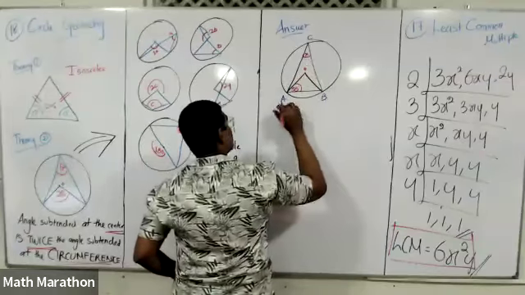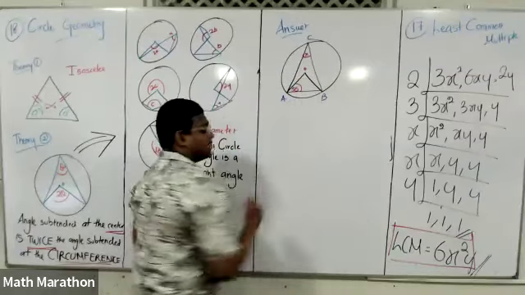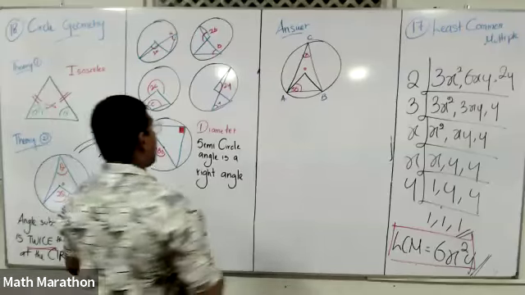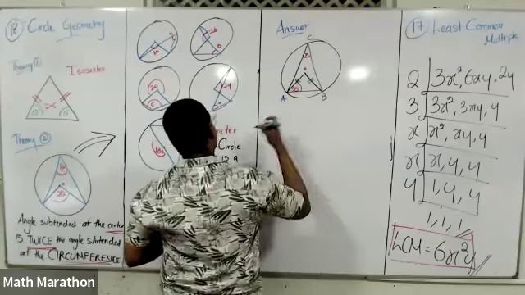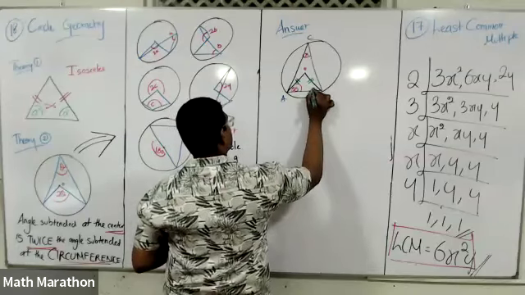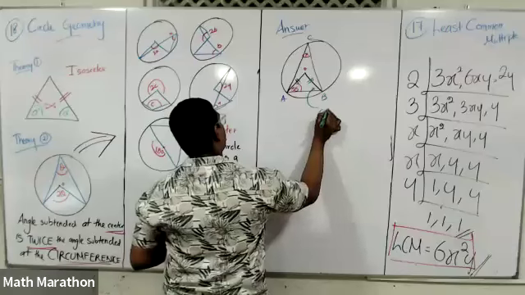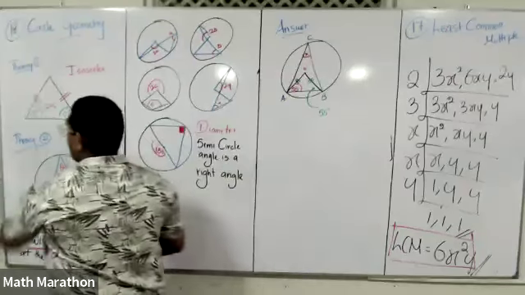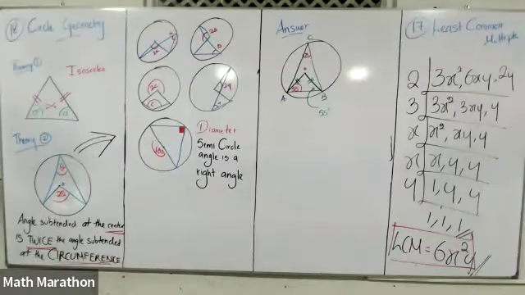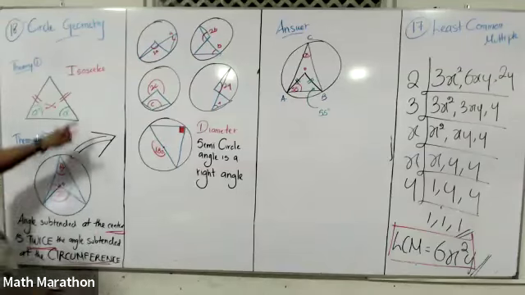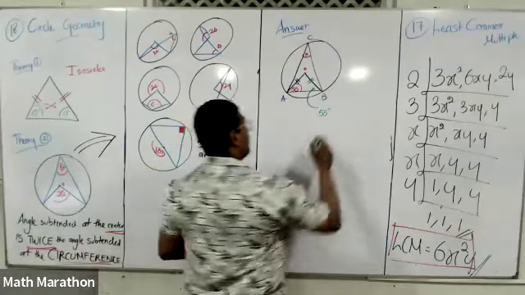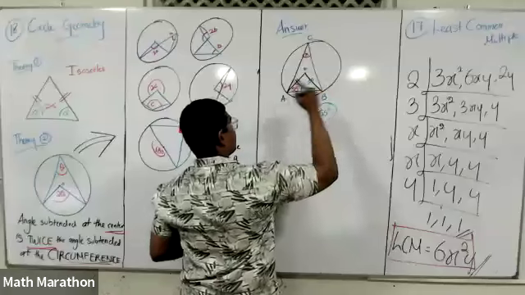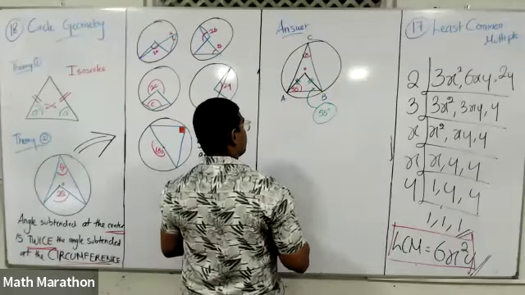This is O. A and B are at the circumference. What are OA and OB? Radii. If those are radii, what is this angle? 55 degrees. Why? Isosceles triangle theorem. When two sides are equal, the angles opposite to the two sides are equal. If this is 55, this angle is also 55.